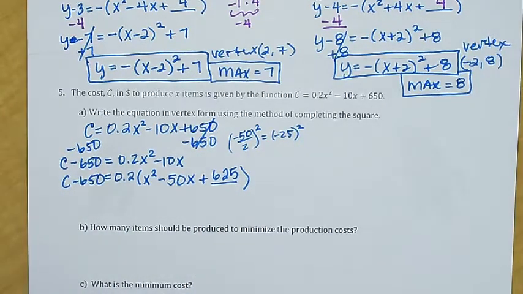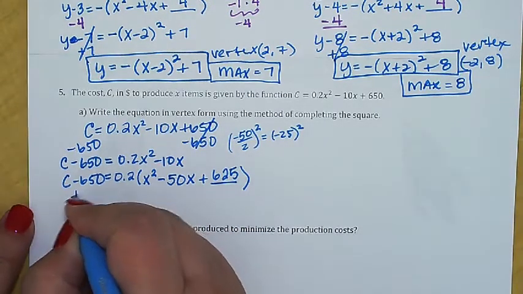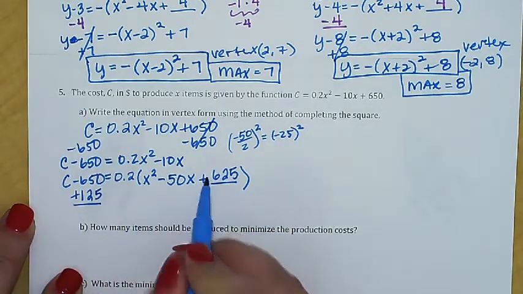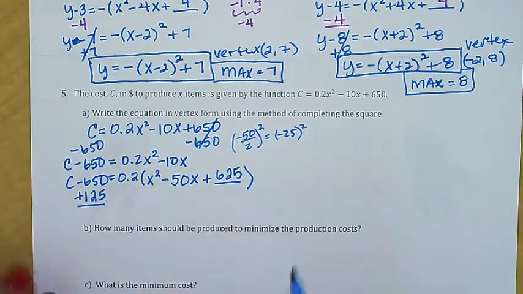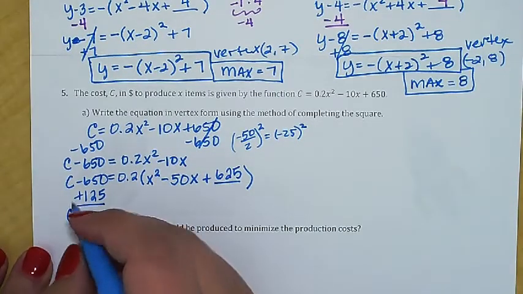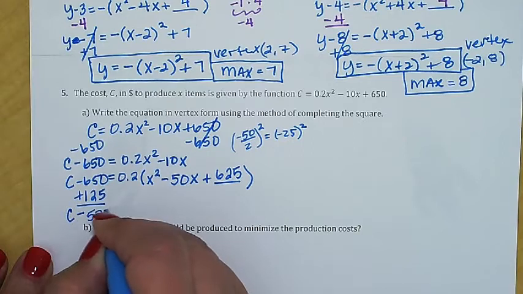So if we do that 625 times 0.2, I'm grabbing my calculator here, that's going to tell us what we do on the other side. So 625 times that 0.2, that's 125. So really it's a 125 that I have to do over here, which would be the product of that, because that's what I really have. Hopefully that's making sense. And when we get that difference there, we get 525.